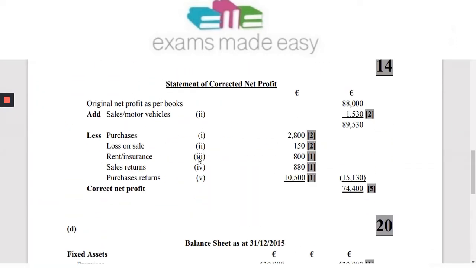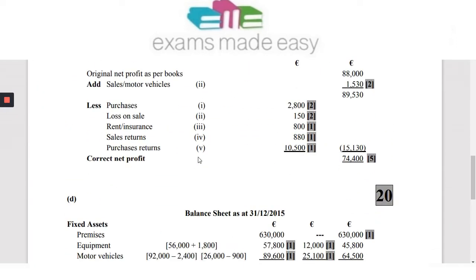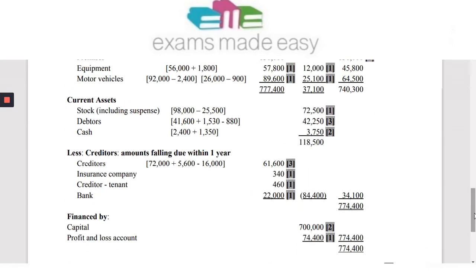I'll go through those. So you can see here the sales figure 1530. I'll just highlight it. 1530 you have added on. You also had the loss of 150 there. If we go down to the balance sheet from note 2, you had debtors, you added 1,530 there.